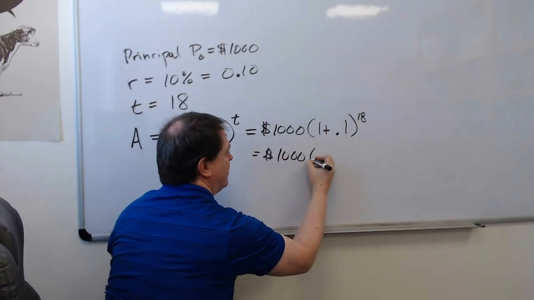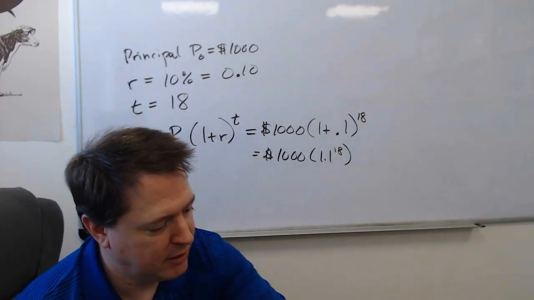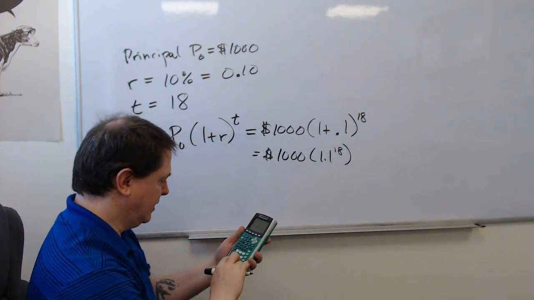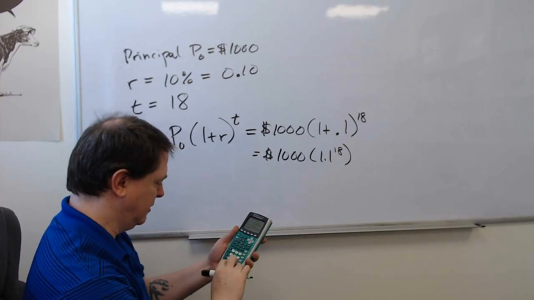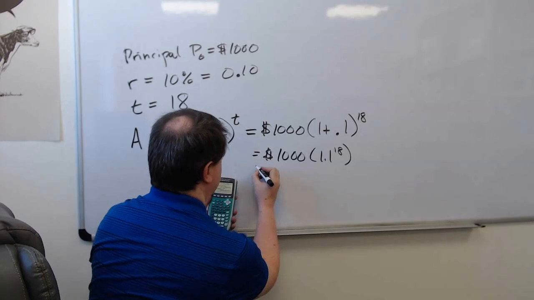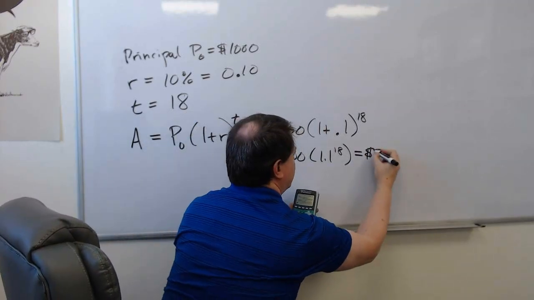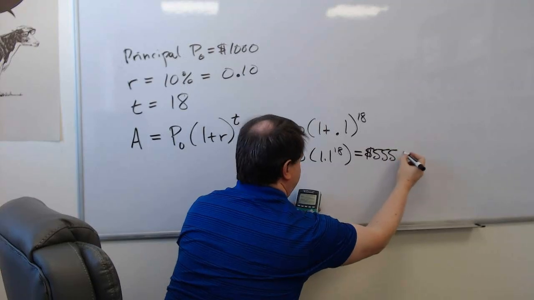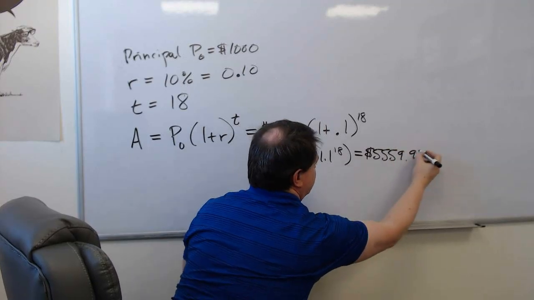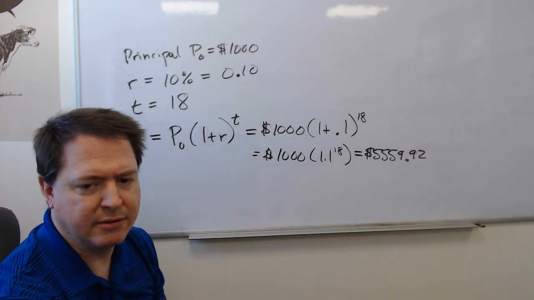So that's going to be $1,000 times 1.1 to the 18th power. All right, so when I do that, it comes out to be $5,559.92 rounded to the nearest cent.